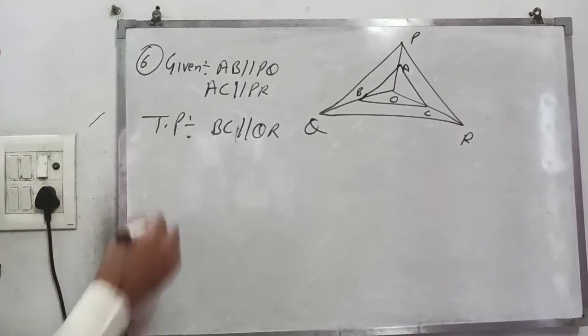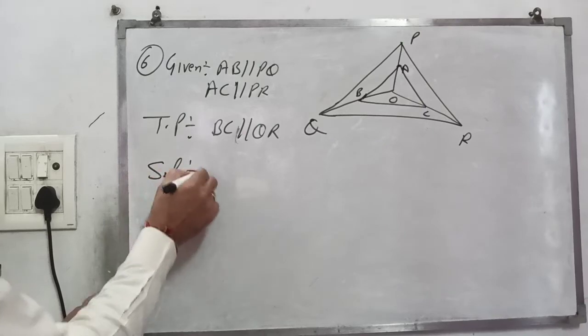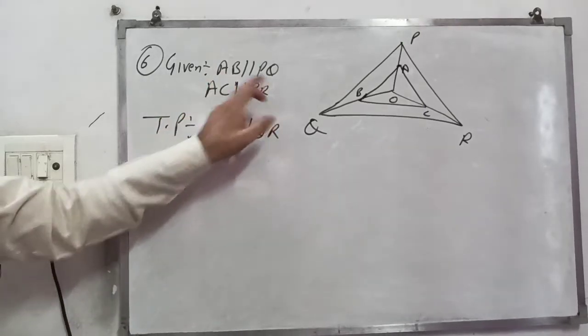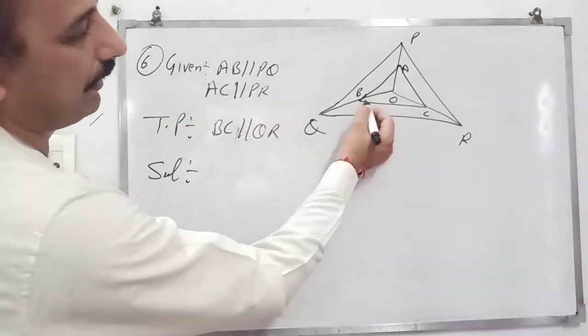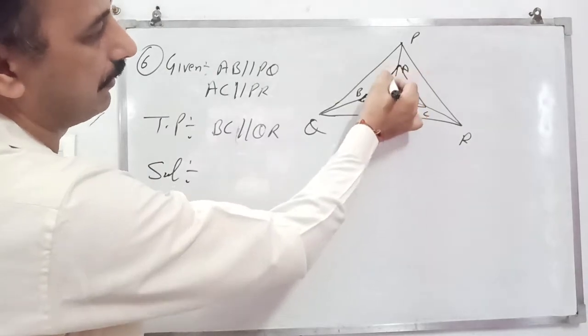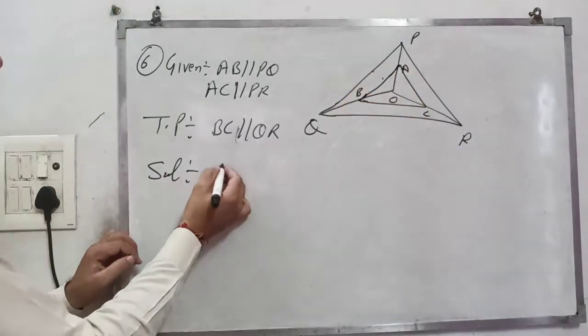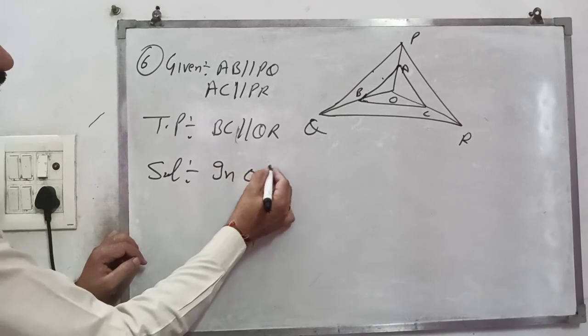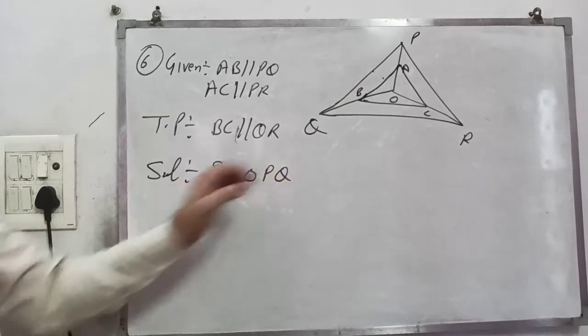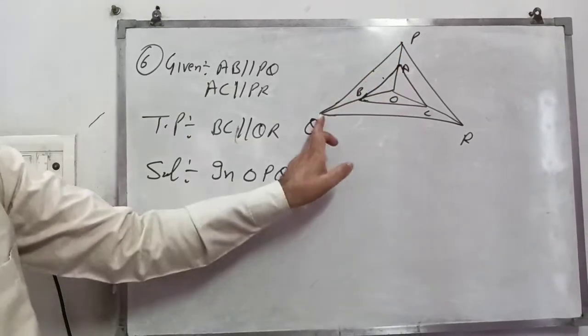So look at the given first. The given is that AB is parallel to PQ. So AB is that line, AB that is parallel to PQ. So in triangle OPQ, we use the triangle OPQ.